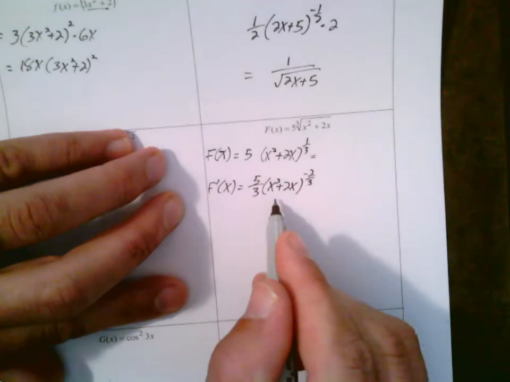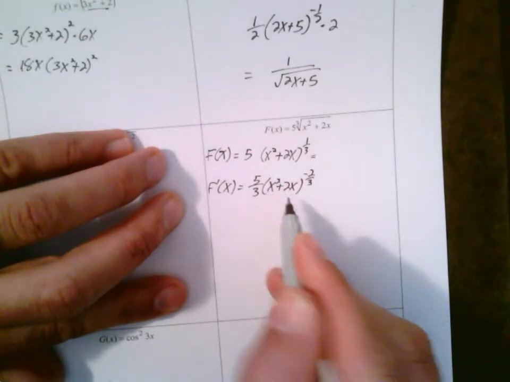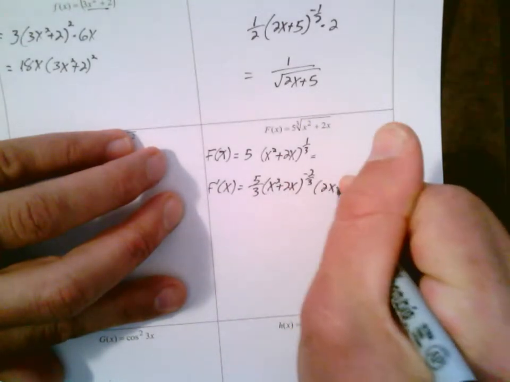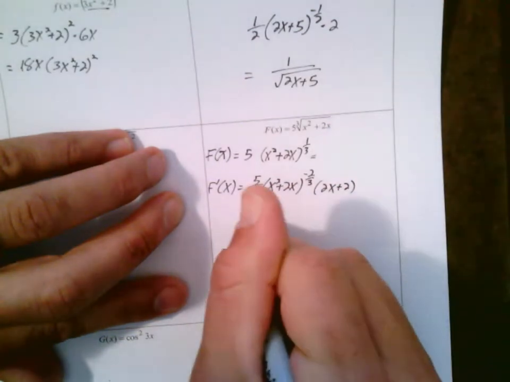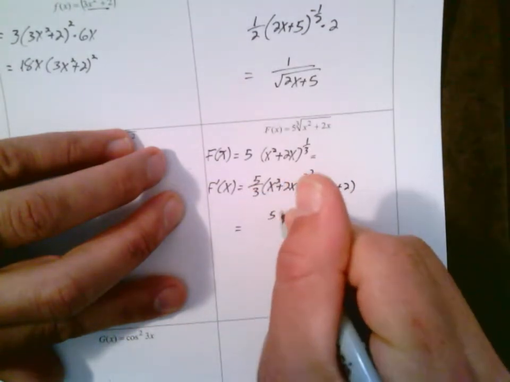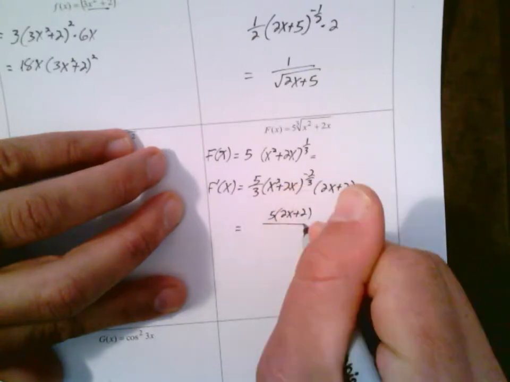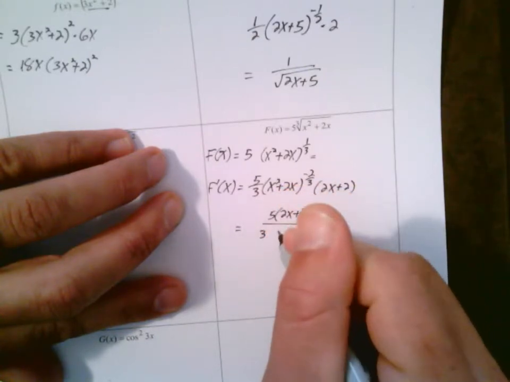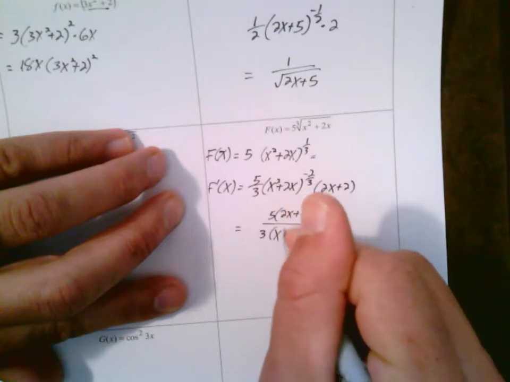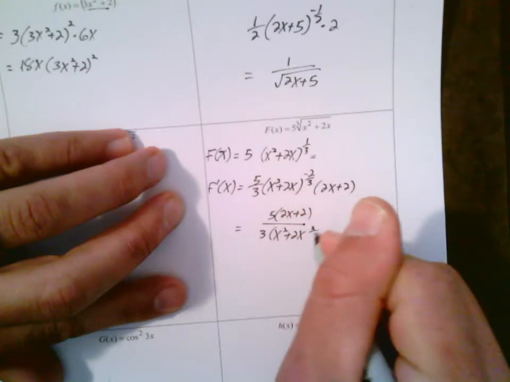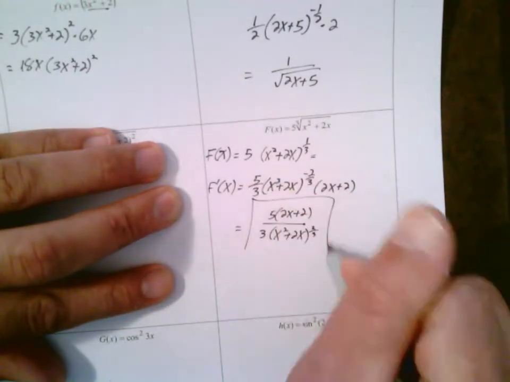The derivative of the inside will be 2x plus 2. If you wanted to clean it up a little bit, that would be appropriate.